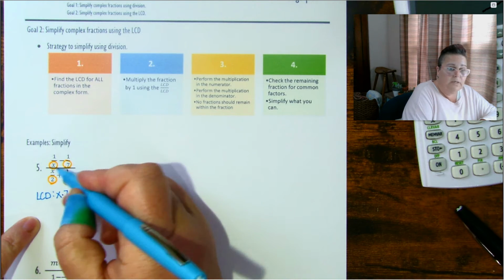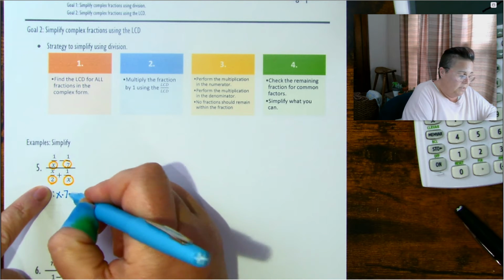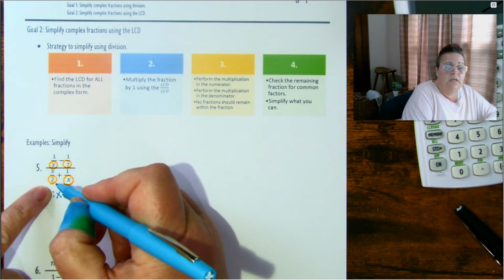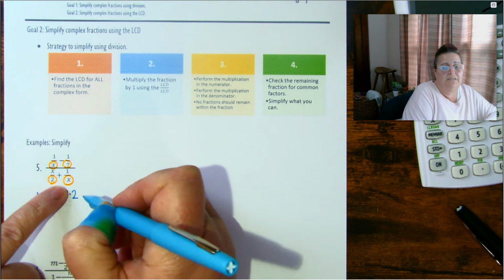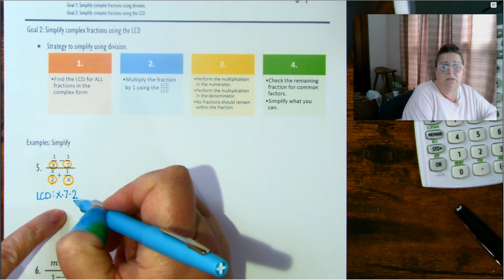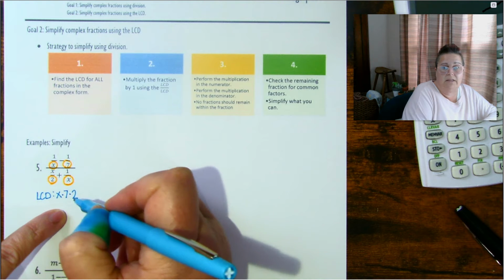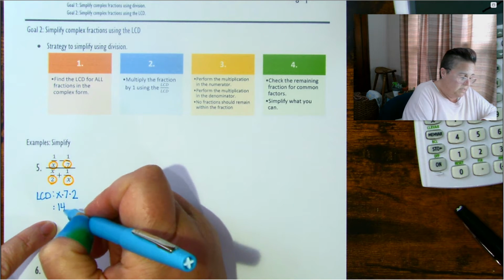If these are not the same, you have to include both of them. The next denominator we're looking at is 2. It was not included in the others. And the fourth denominator here is x, but it was already included, so we don't need to do it again. We're just going to leave it, right? This makes our lowest common denominator 14x.